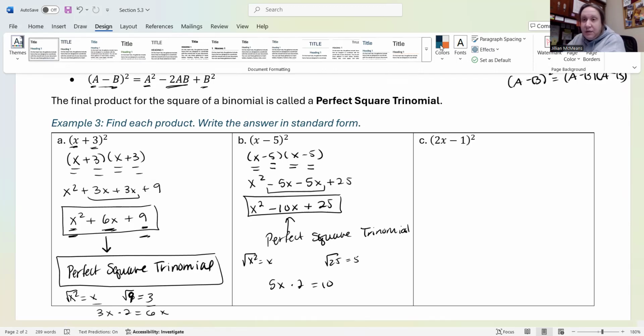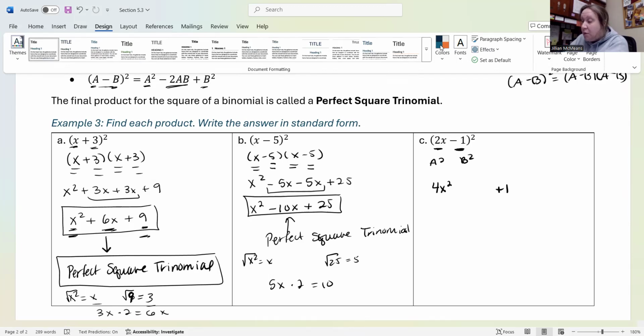Now for this one, we've got a binomial squared, okay? So instead of doing the FOIL method, let's just trust the process. We take the first term and square it, so this is going to become a squared. So that's 2x times 2x, which is 4x squared. We take the last term and square it. So that's going to be negative 1 times negative 1, which is plus 1.